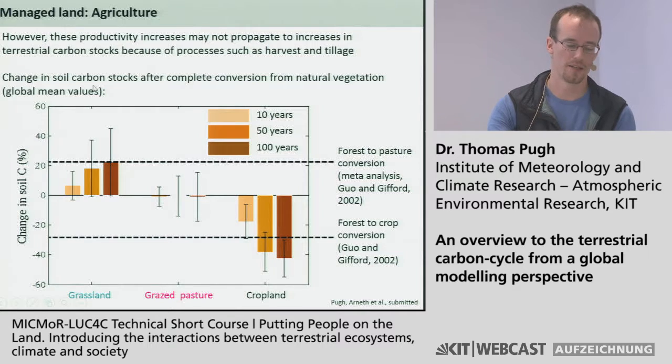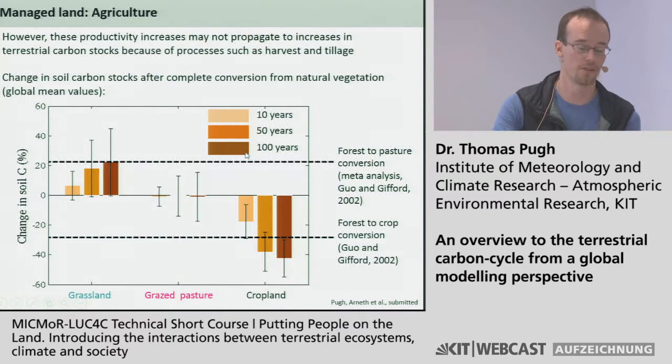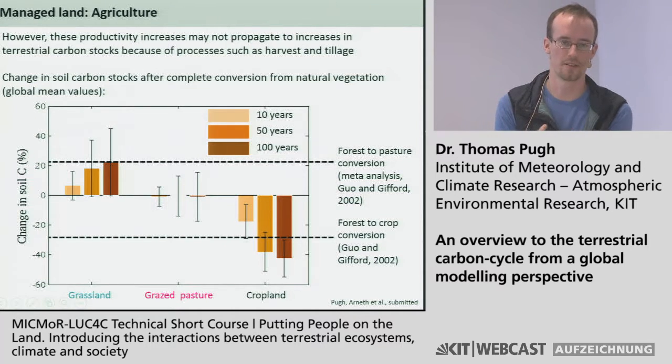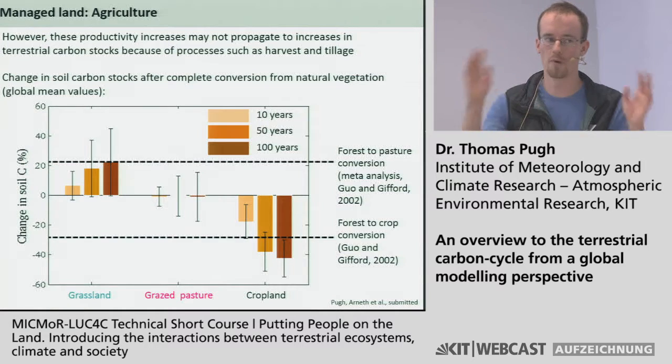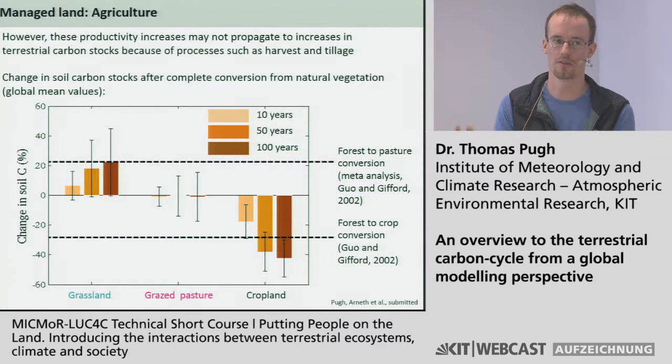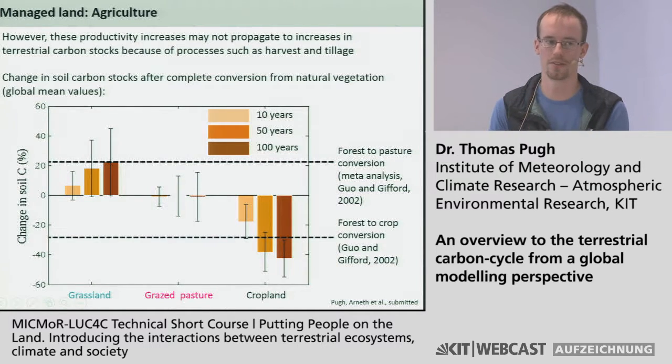And then looked at the change in soil carbon after 10 years, after 50 years, and after 100 years. And if we change natural vegetation into grassland, then as a global mean value, this is just a typical indication for the global average response, you actually get an increase in soil carbon. And this is due to some changes mainly in how the allocation and turnover happens within the system.